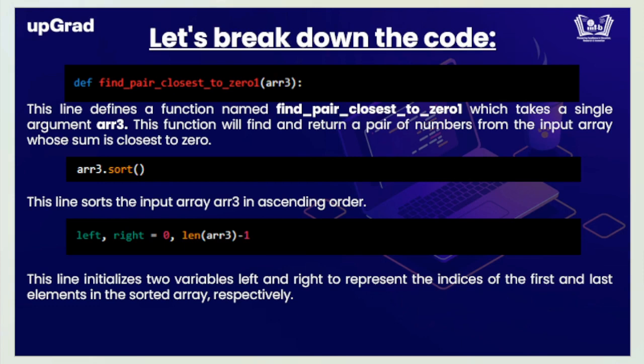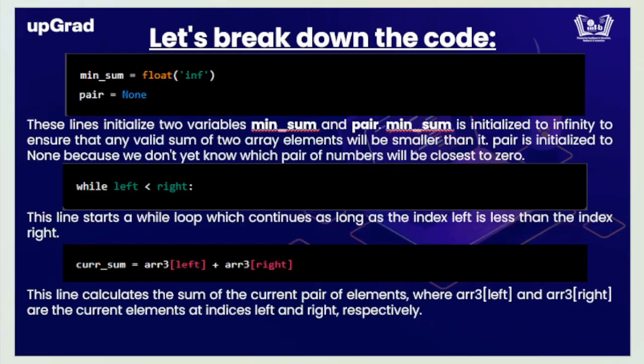initializes our two variables called left and right, to 0 and the last index. Moving forward to the other lines of code, we have also taken minimum sum and pair, and in this line of code the two variables minimum sum and pair are initialized.